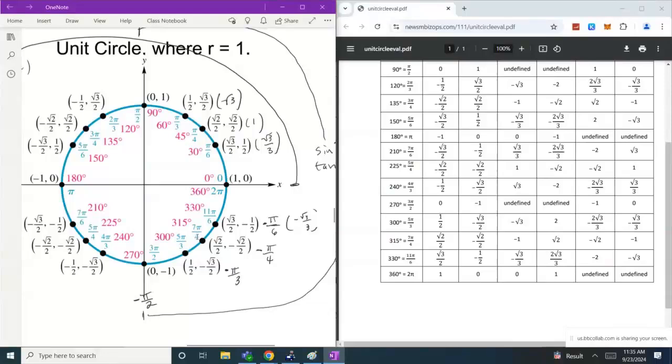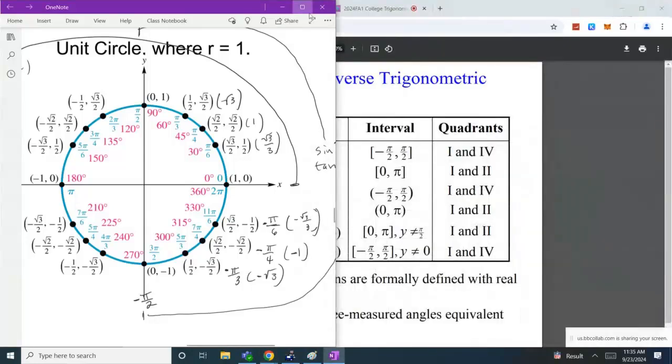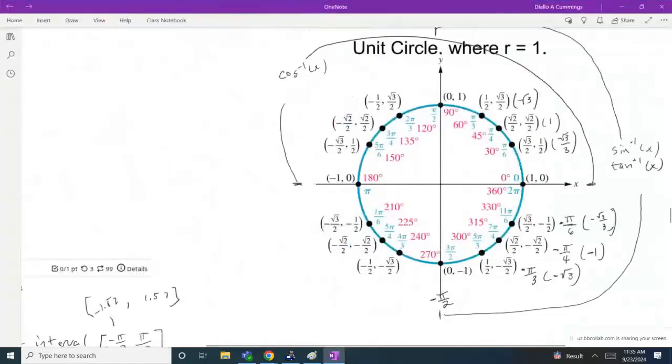The tangent of 7 pi over 4, which is 315 degrees, that should give me a negative 1 for the tangent. And then for 5 pi over 3, which is 300 degrees, the tangent for 300 degrees is negative square root of 3. So that should help me better to find this arctangent value.